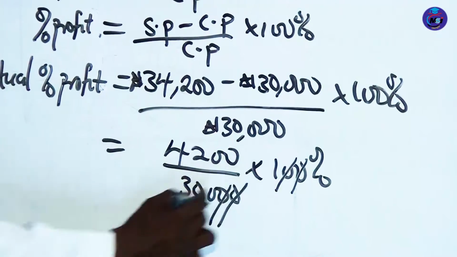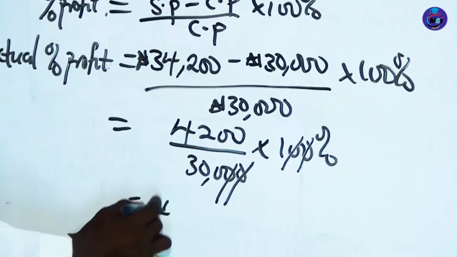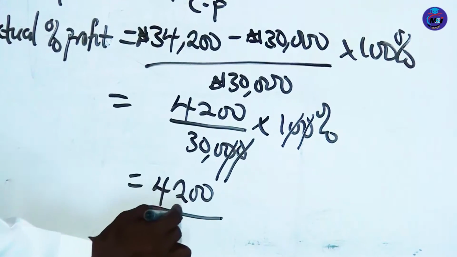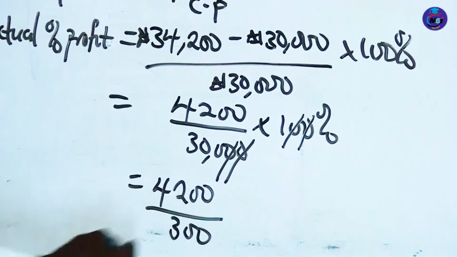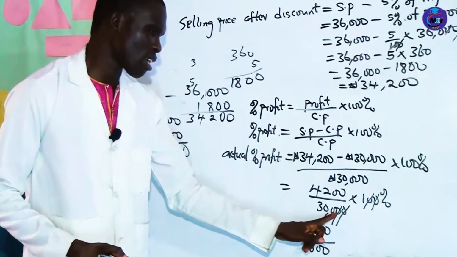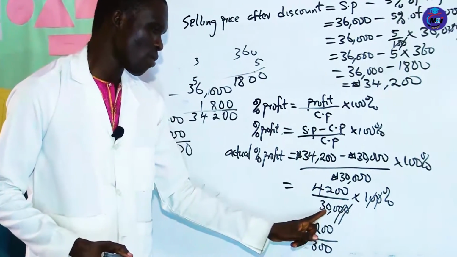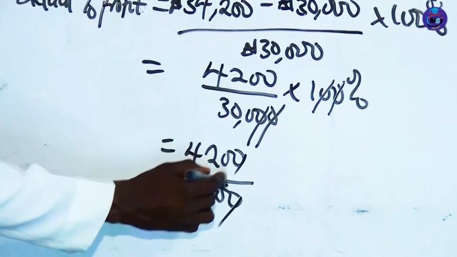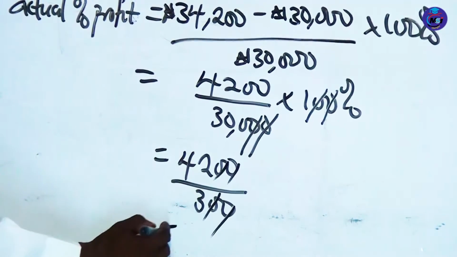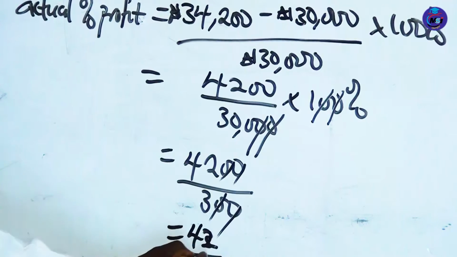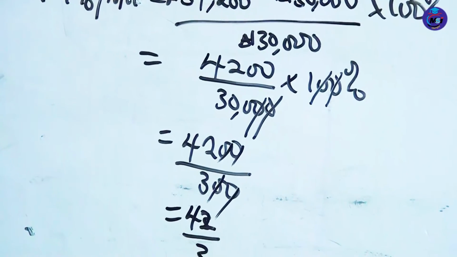0 cancel 0. We are left with 4,200 divided by 300. Okay, if you look at this, you discover that this 0 has gone. We have 2 0 here, so we can still cut. 0 cancels 0, 0 cancels 0. We are going to have 42 divided by 3. Now we can still cut.